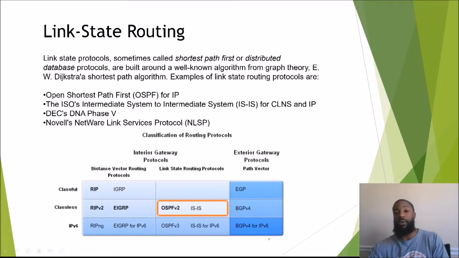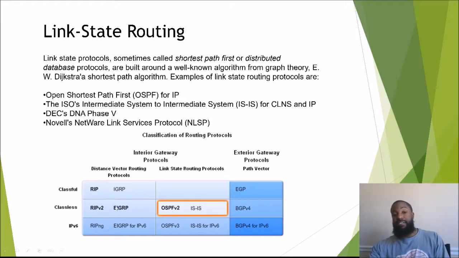And then we have OSPF. We are going to be studying OSPF version 2. We'll be doing version 3 too as we move along the exam blueprint, and IS-IS. But IS-IS, like I said, is not as widely used as OSPF. That's why for the CCNP exam, we're going to be focusing on OSPF.